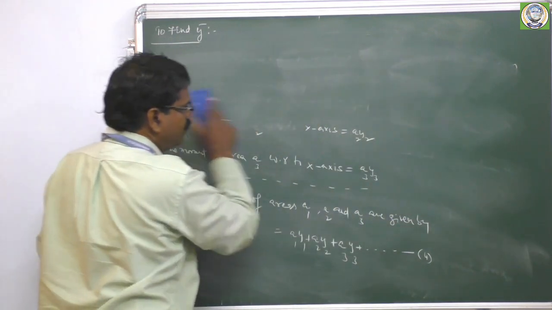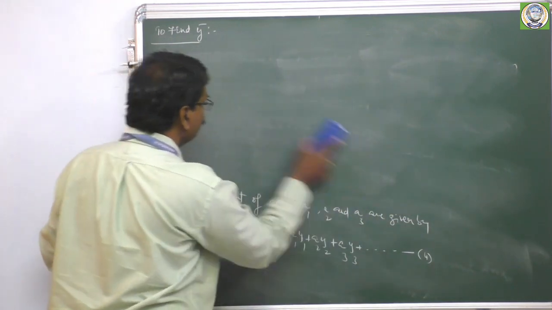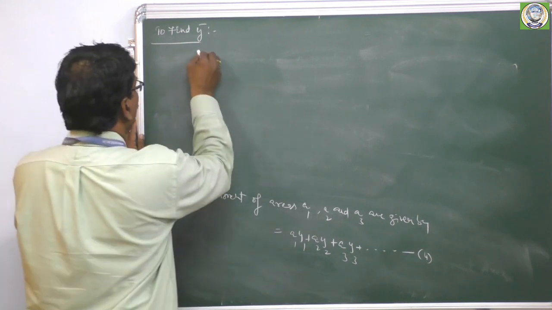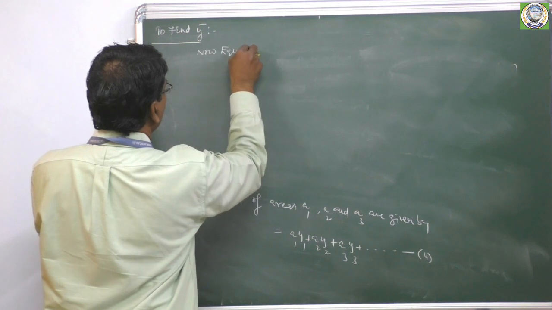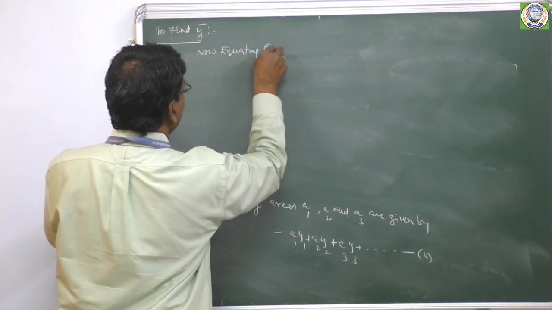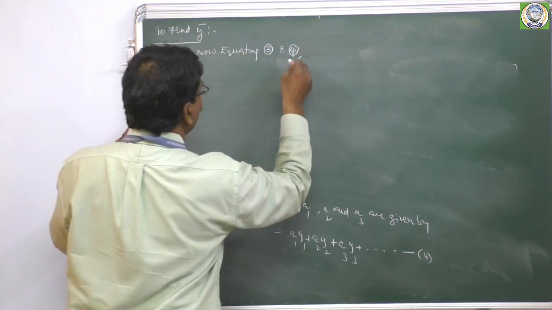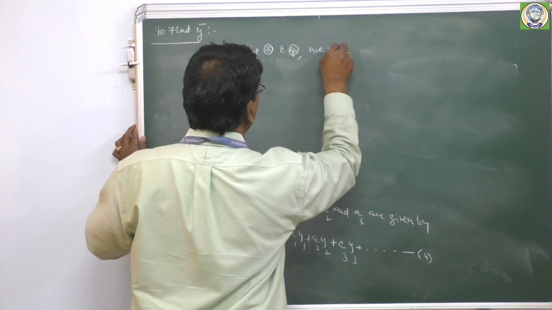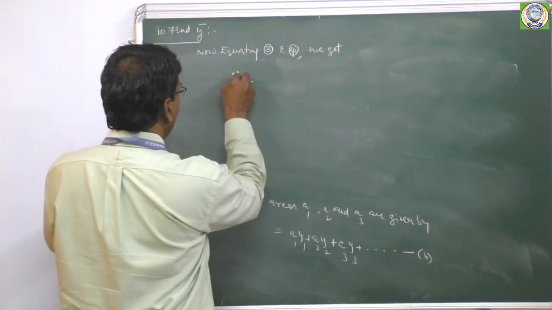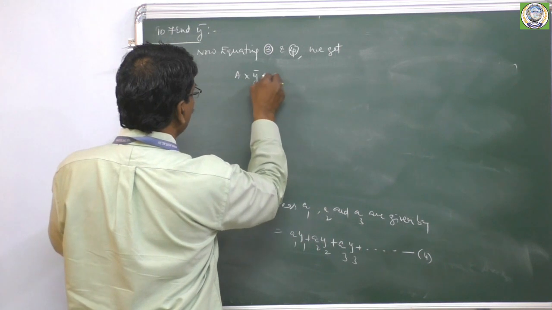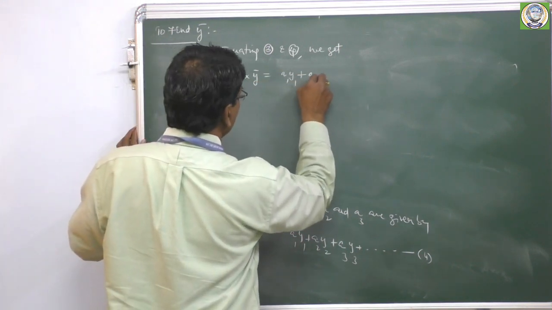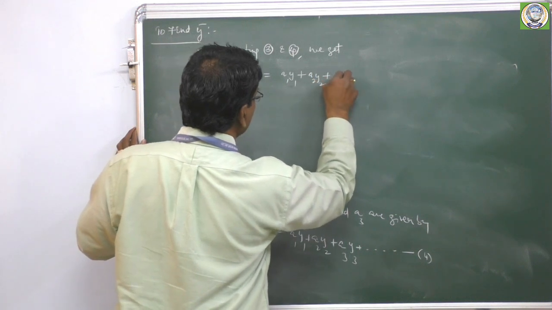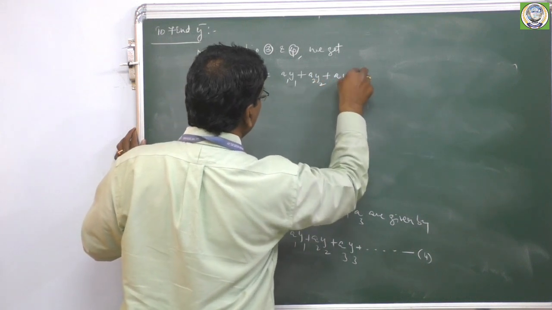Now equating equations 3 and 4, we get A into Y bar is equal to A1 Y1 plus A2 Y2 plus A3 Y3 plus so on.